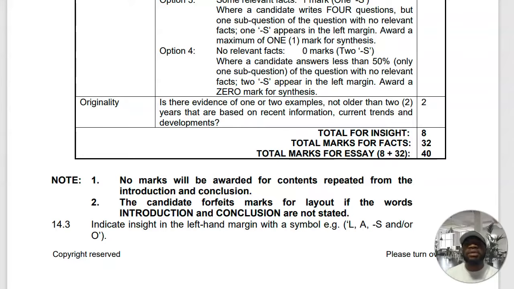Let's say we're talking about a topic on investments, and we are talking about compulsory insurance. We know that we've got things like pension funds and so forth.